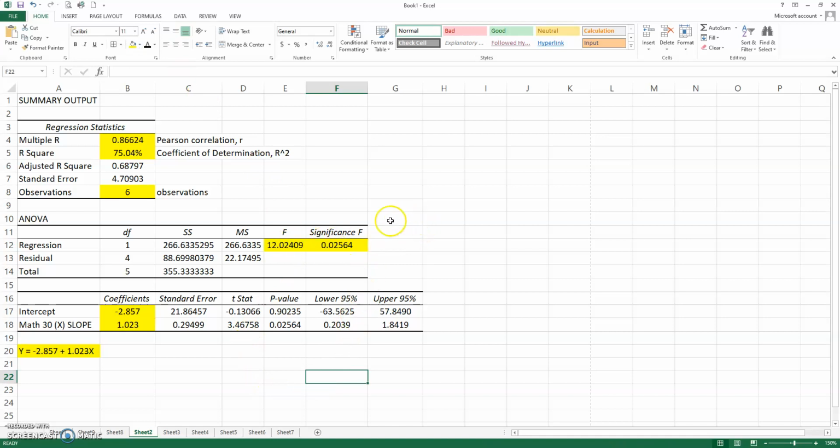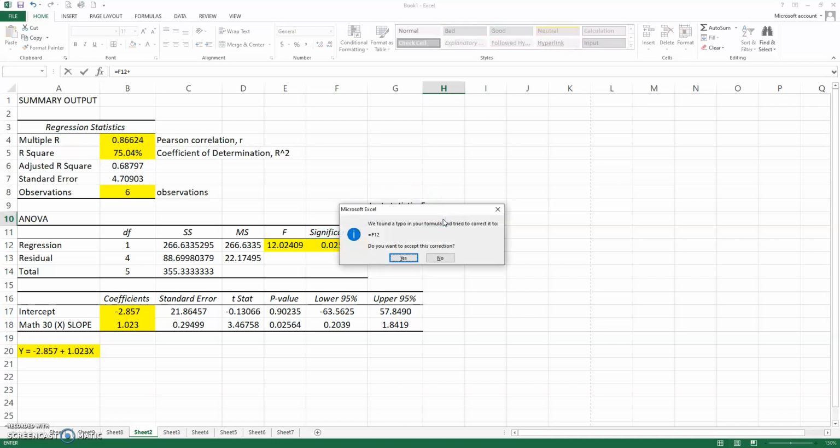This is a test statistic for F, which equals 12.024, and this is the p-value for F. So let's put those values in there.